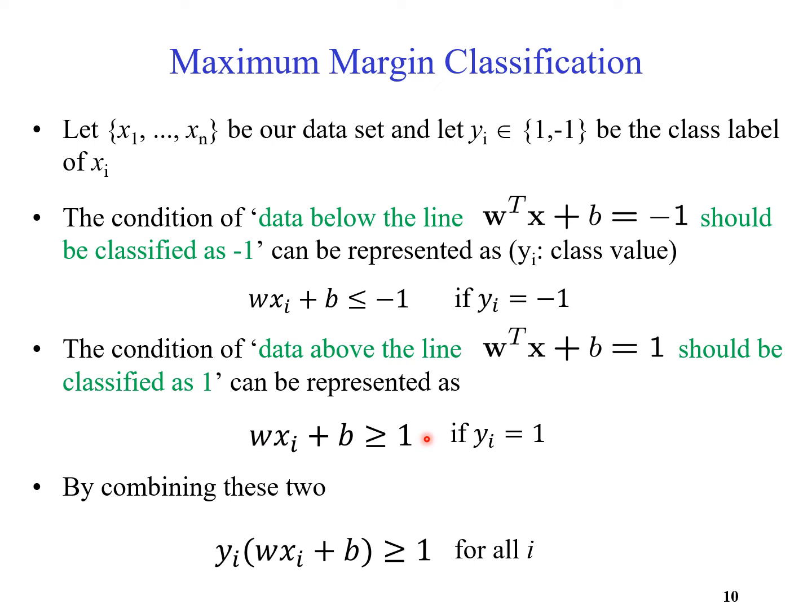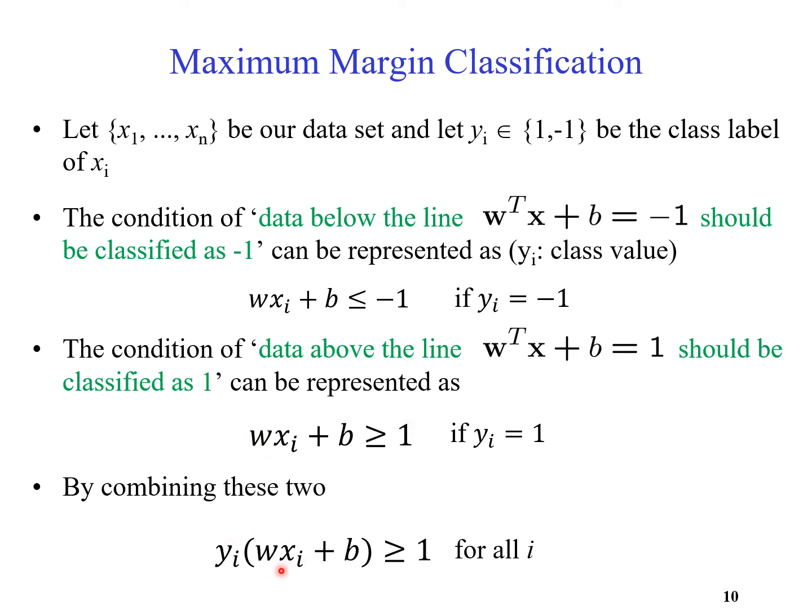Actually, we can combine these two conditions into one formula, which is given here. So yi times (w xi plus b) is greater than or equal to 1. It makes sense. If y is 1, then this formula becomes this.